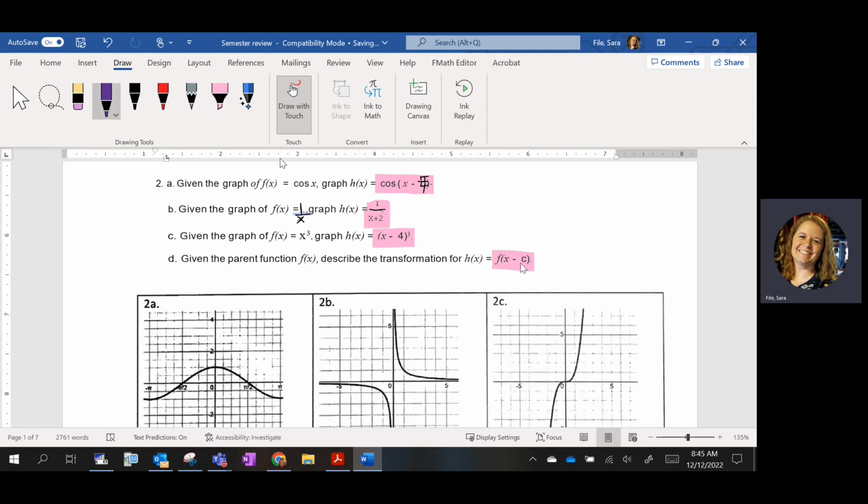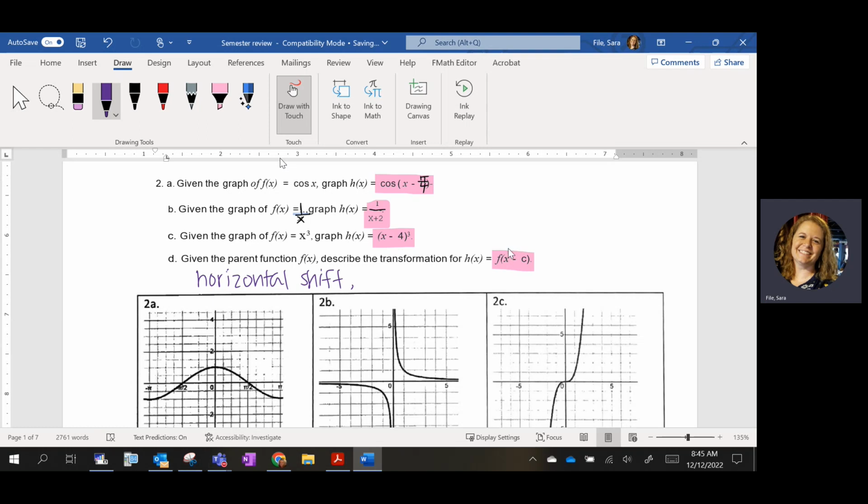What transformation is that? Before we even try those, what is x minus c? What does that minus c do? Yeah, this one's a horizontal shift. So the plus d was a vertical shift. This is a horizontal shift. Now, it's the opposite of what you think.